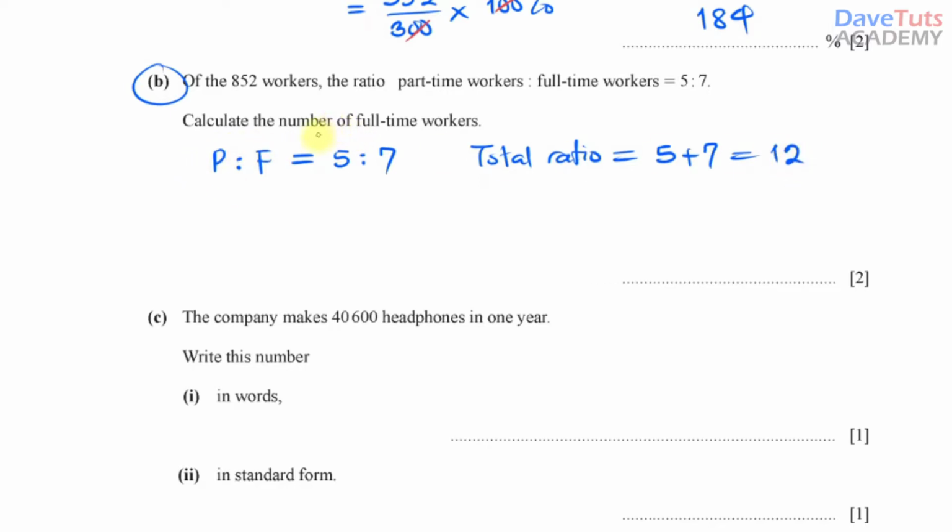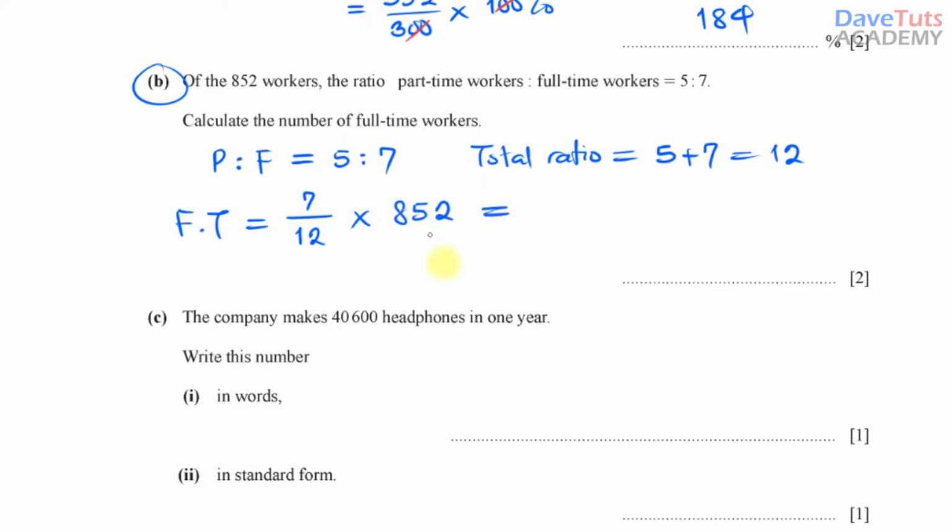Now, for us to get the number of full-time workers, it is going to be the fraction for full-time, which is 7, because part-time to full-time is 5:7. So full-time is 7 over the total ratio, which is 12, multiplied by the total number of workers, 852.